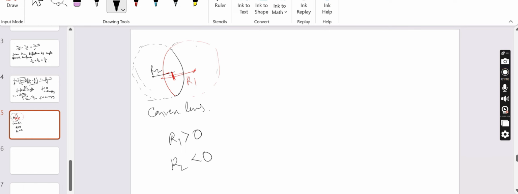So this is convex lens, this is concave lens, where R1 is less than 0 and R2 is greater than 0, because this is R1 and this is R2. This is called a biconvex lens because both are the same.